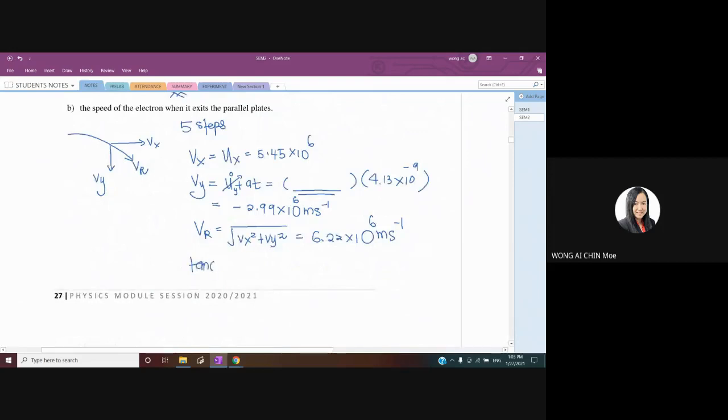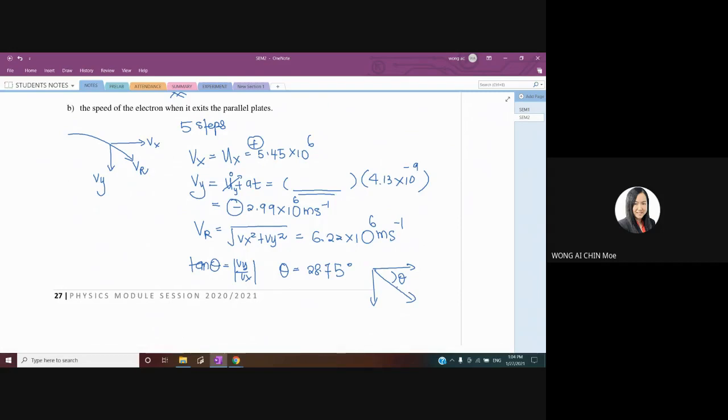By using tangent theta equals Vy over Vx, taking the modulus, the angle that you get is 28.75 degrees. Because your x-axis is positive and your y-axis is negative, it means that it is in the 4th quadrant.